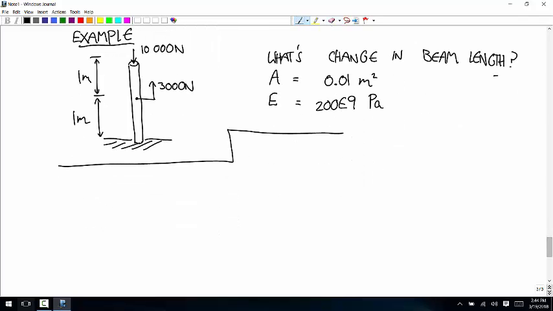Okay, so first, well, we can think of this as, I'm going to think of lining this end down over here. So we have the 10,000 Newton force here.